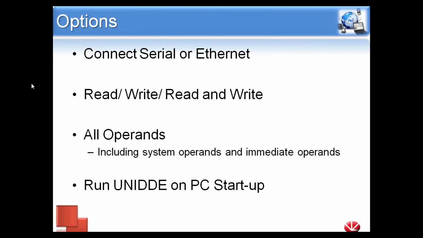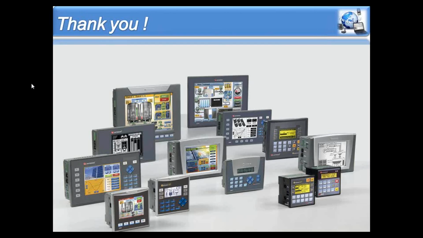We can do this with all operands, including regular operands, system operands, and immediate operands. Finally, we can run UNIDDE upon power up of your PC, so there's no need to open the DDE software each time you power up your PC.